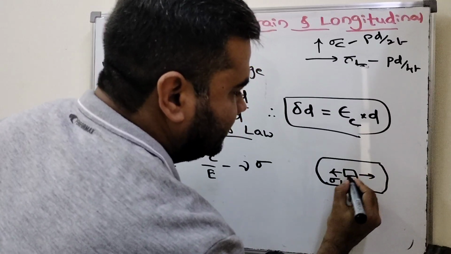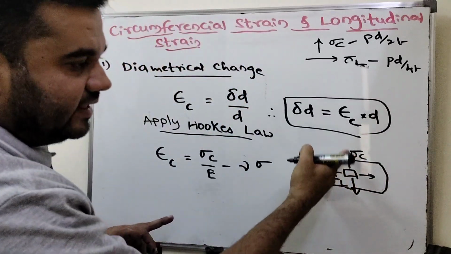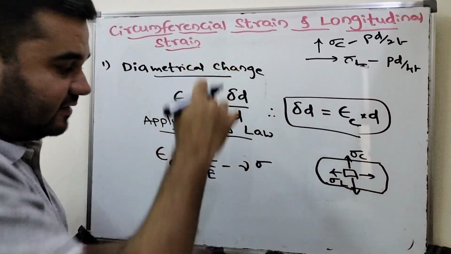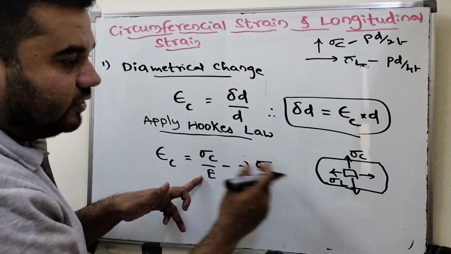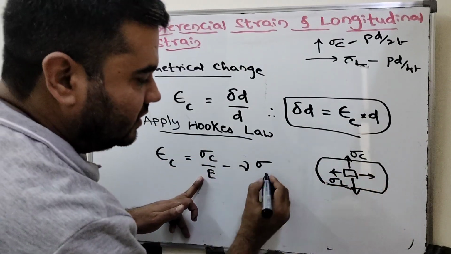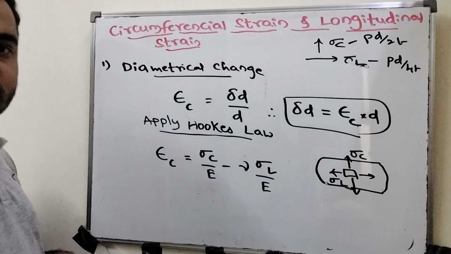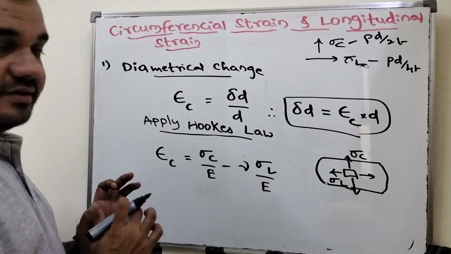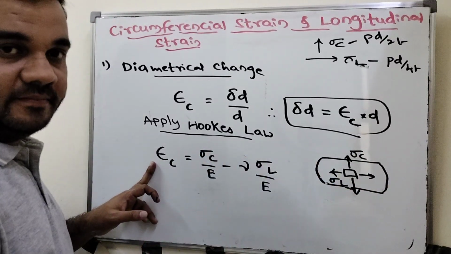This is sigma L and this is sigma C. Now strain in circumference equals stress in circumference divided by E minus nu into the longitudinal stress divided by E, right? This is how we write the total circumferential strain in the thin cylinder.